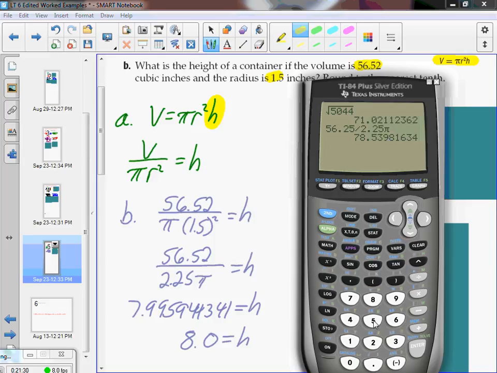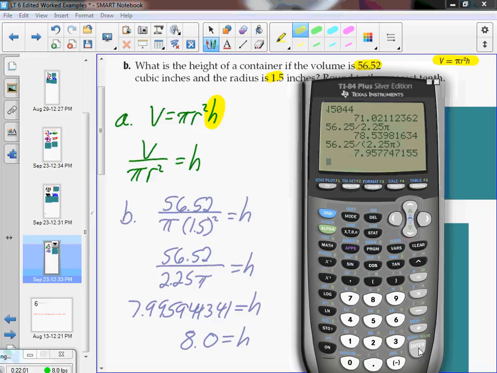I can fix that with parentheses. 56.52 divided by parentheses 2.25 pi. Because my calculator knows order of operations. So what's the calculator going to do this time? It's going to work inside the parentheses and get a number for 2.25 times pi, and then it's going to divide 56.52 by that. That's what I want it to do.